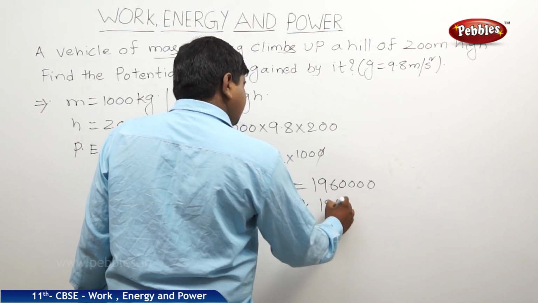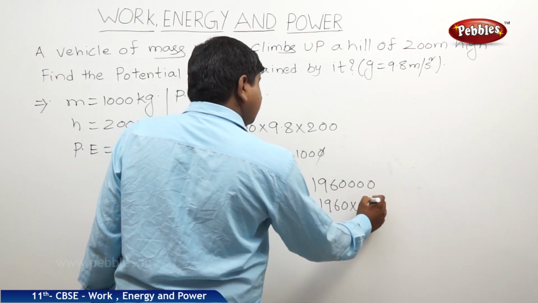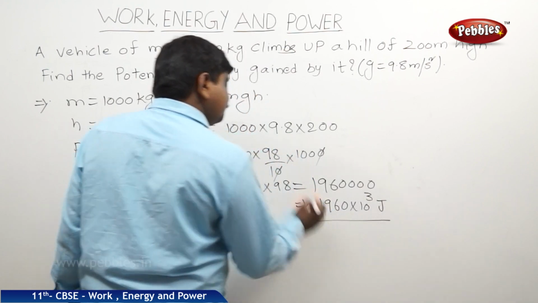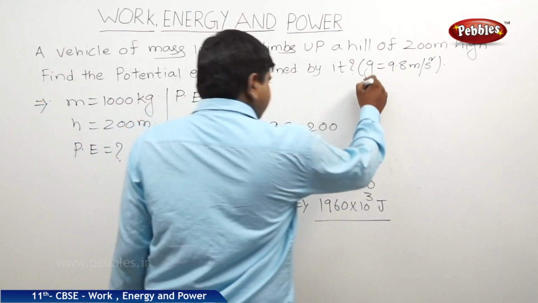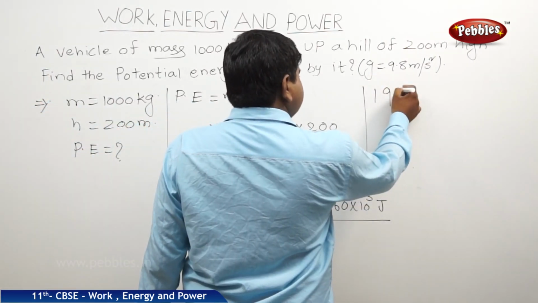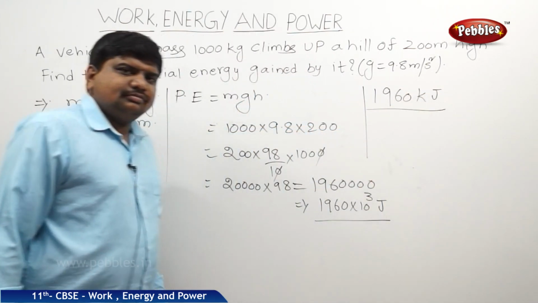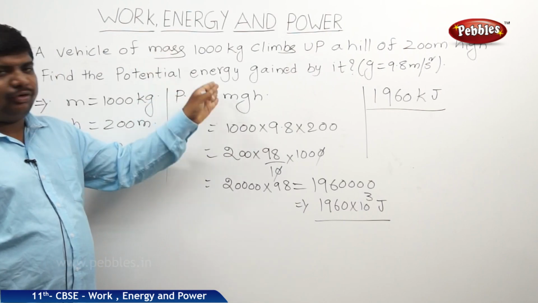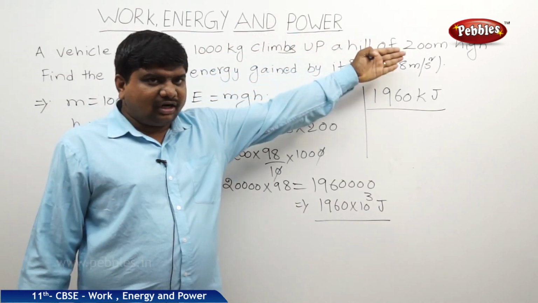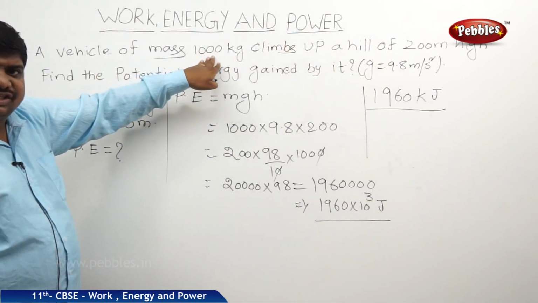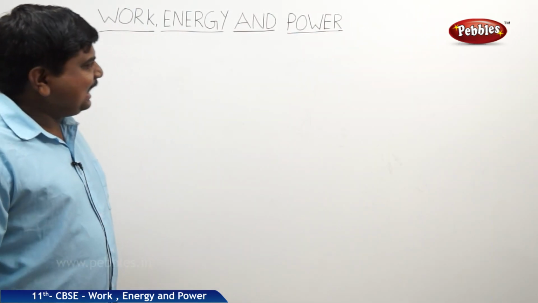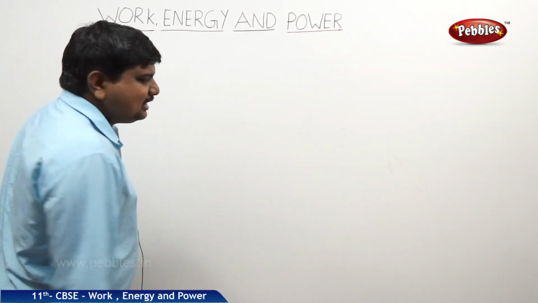So it will be 1960 into 10 cube joules. Therefore, 1960 kilojoules. This is the potential energy of the body when it is climbing to the 200 meters height with this mass. Next we will see the expression for elastic potential energy.